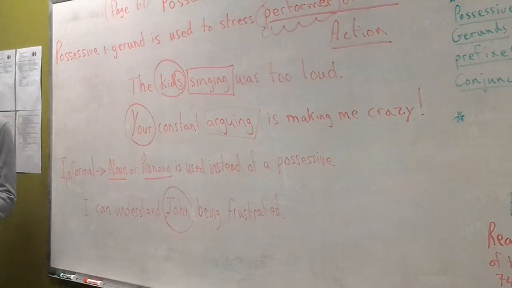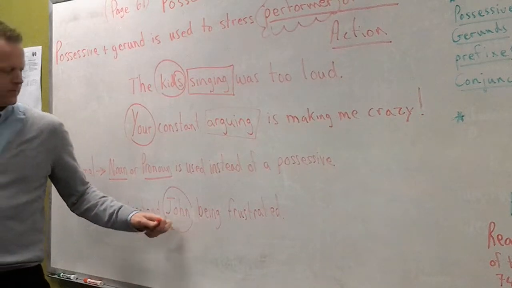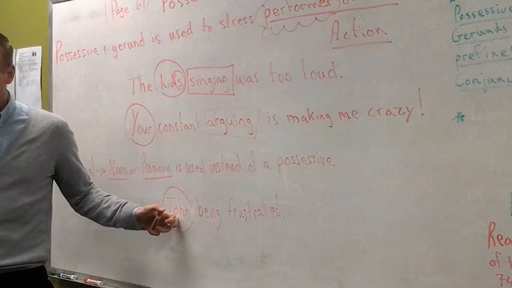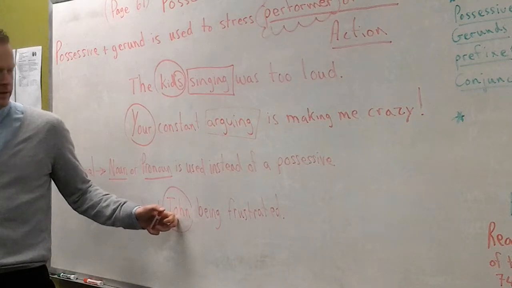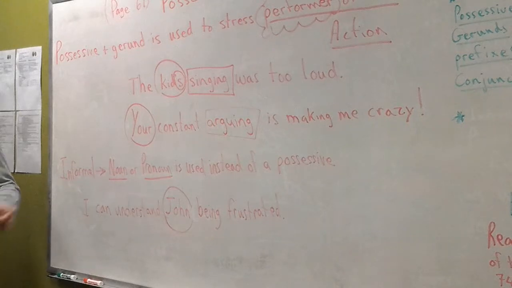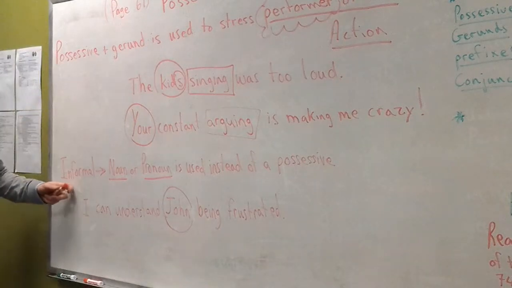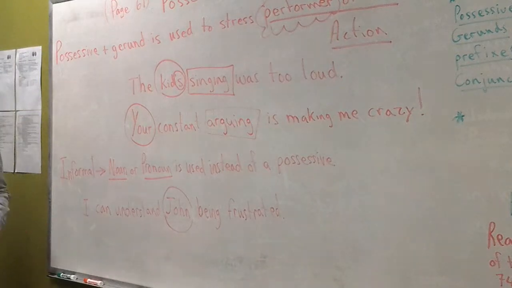You're going to say, what's going on here? That's what's going on. I could also say, I can understand him being frustrated. You'll often hear that in English instead of the proper possessive. This is informal, right? Okay, everybody okay?